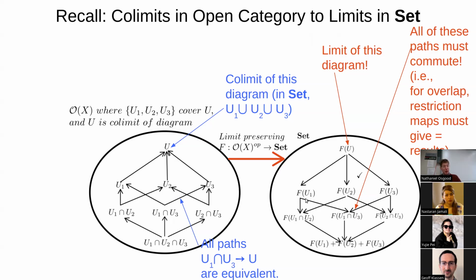What's assumed here and here have to be consistent in the sense that if you go down here from f of U2 from this data and you restrict down to this intersection, it must be the same as what if you assume this and restrict down to here. Just like in a pullback.